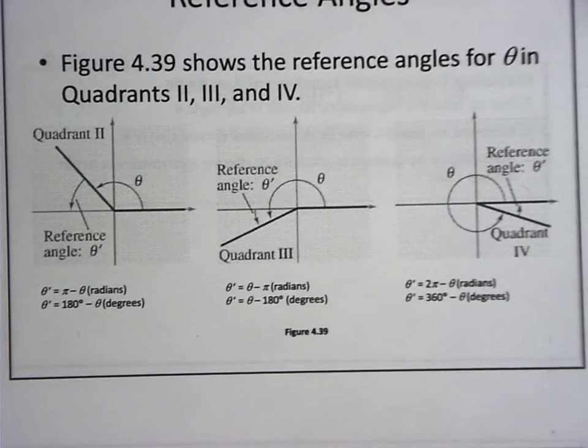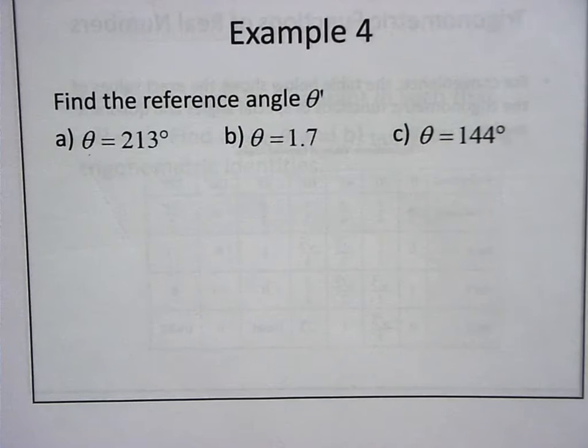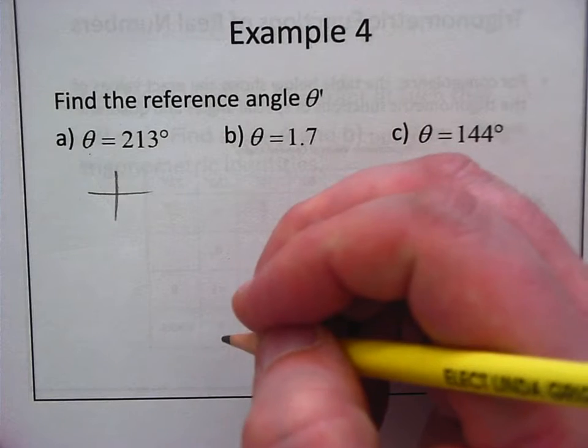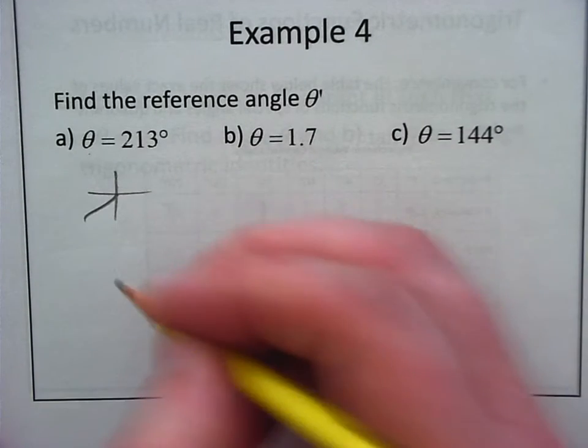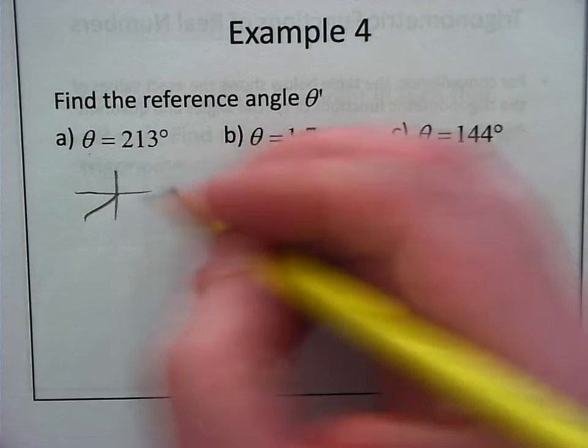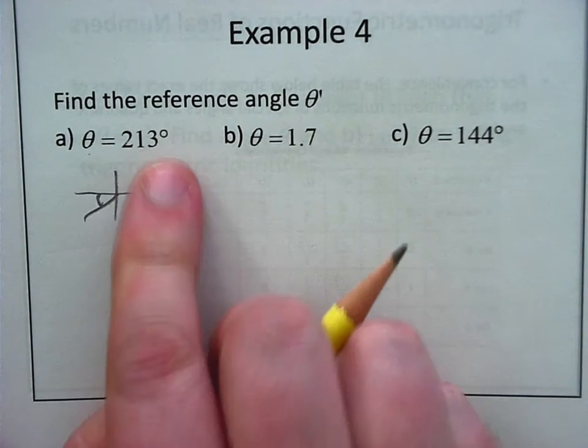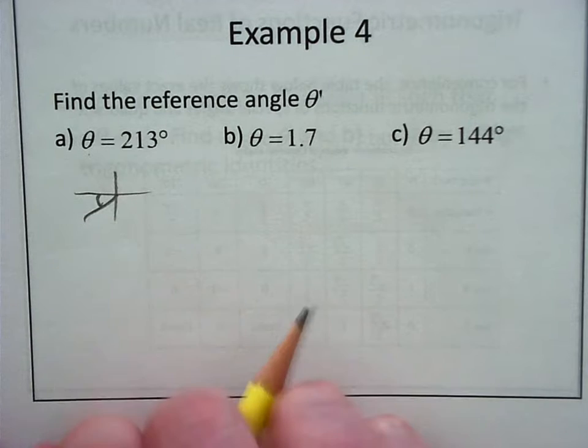Okay? For this one, reference angle of 213. Well, 213 is in which quadrant? Third quadrant. So it's over here somewhere. So the reference angle is going to go from there straight to the x-axis. Well, if this is 213, how would I find that angle there?